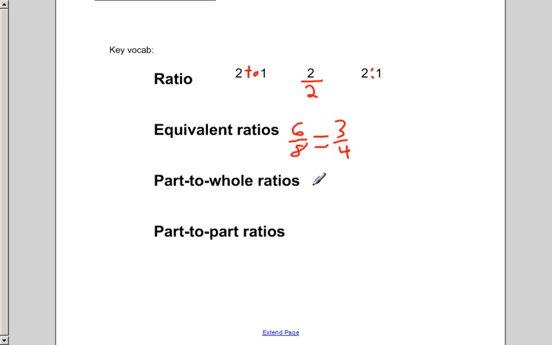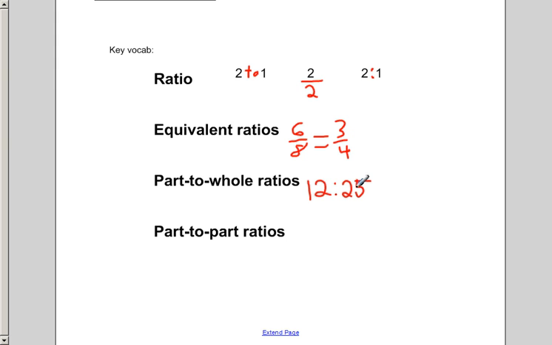A part-to-whole ratio would compare the part of something. So, let's say 12 boys out of the whole class, which would be, let's say, 25.